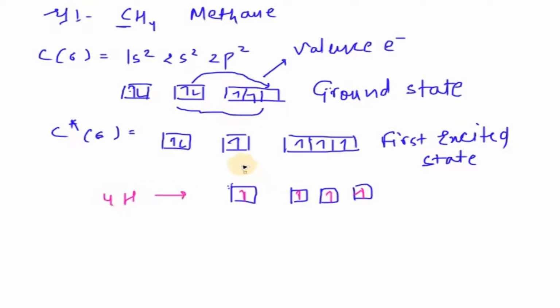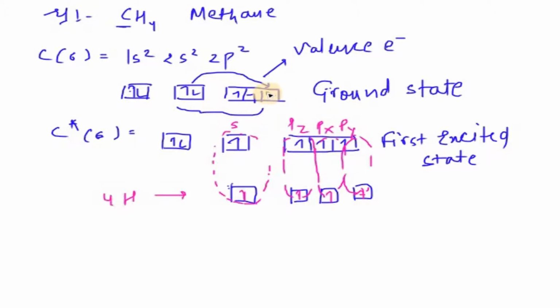This hydrogen will form a bond, this will form a bond, this will form a bond, and this will form a bond. So actually the carbon orbitals are s, px, let's say py, and pz.